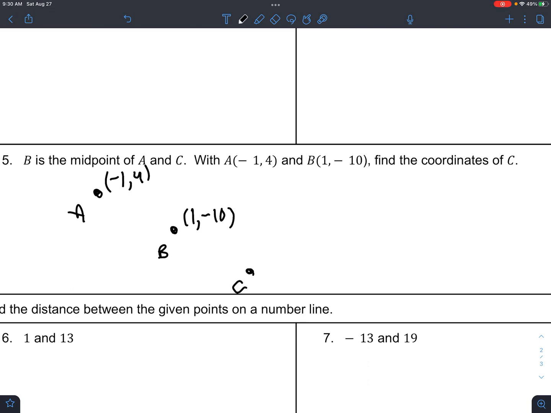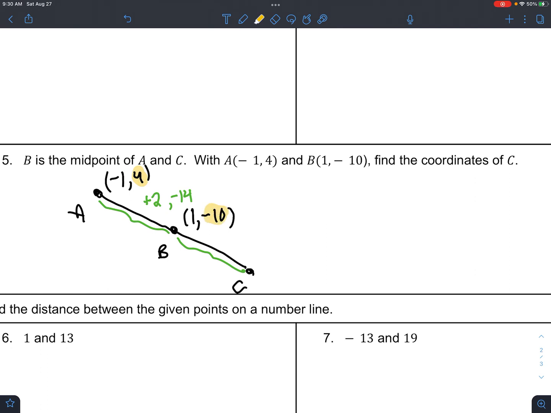You just got to make sure that B is in the middle. And then you want to write down the pattern that you notice. So notice how this path here is the same as this path. So if we just write down how it changes, we should be able to mimic it again and get to C from B. So we're going to add 2 to the x and take away 14 from the y, because 4 minus 14 is negative 10.